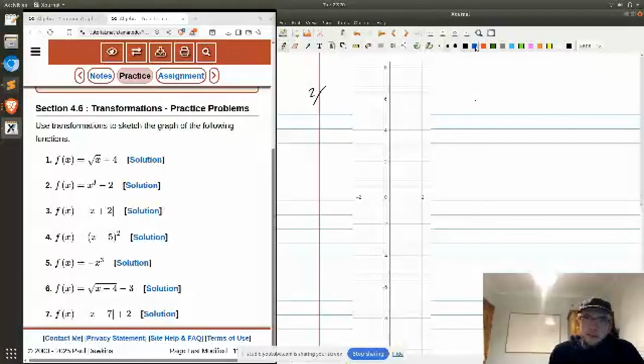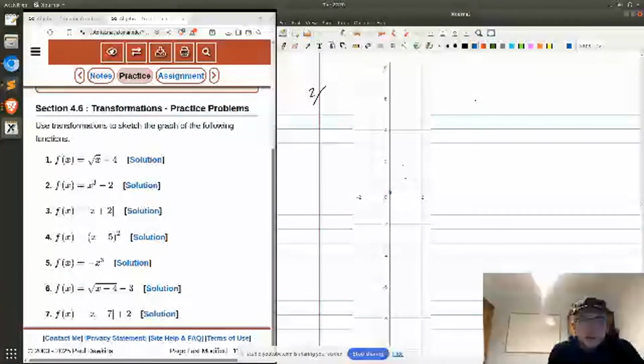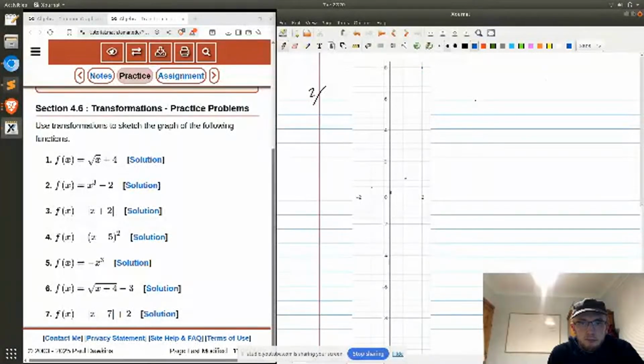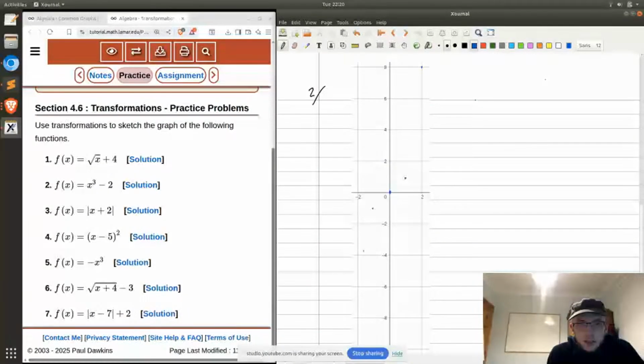All right, so what does the base function look like? Well, it passes through 0, 0, 1, 1, because 1 cubed is 1, and 2, 8. And then minus 1, minus 1, and minus 2, minus 8. So that's the base function. But the minus 2 translates everything downwards by 2 units.